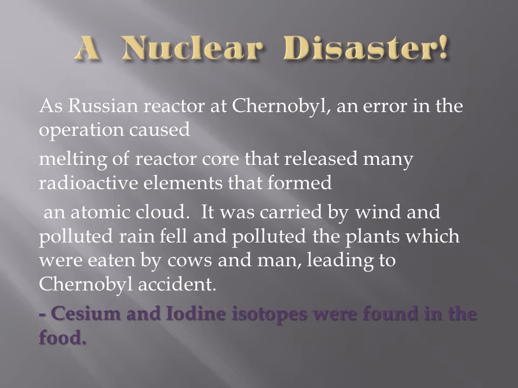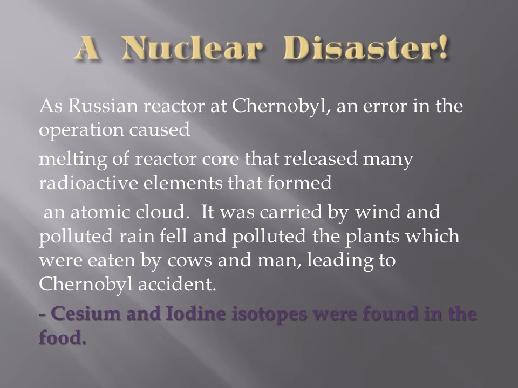This melting of the reactor caused the leakage of radioactive elements, and we found out about it. How did we find out? We found radioactive isotopes in the food we eat. Scientists found cesium isotope and iodine isotope in the food, so they concluded that there was a leakage of radioactive elements from this reactor.